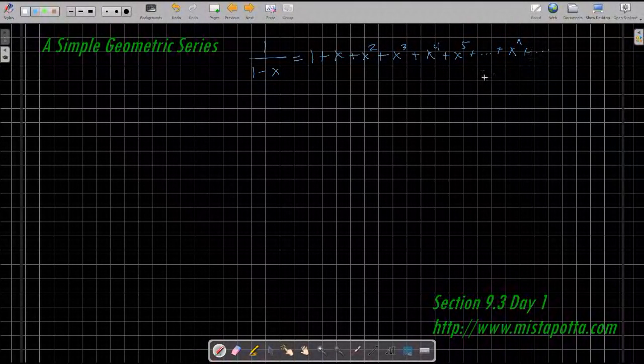And this equality holds as long as x lies between -1 and 1. This is our interval of convergence that we've mentioned several times.